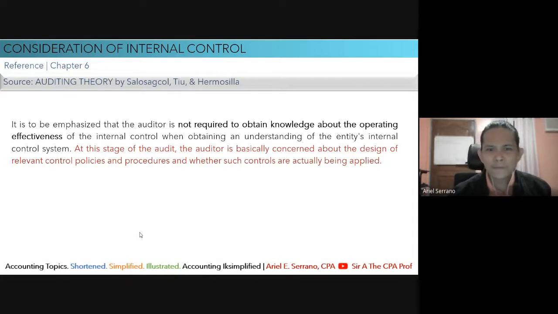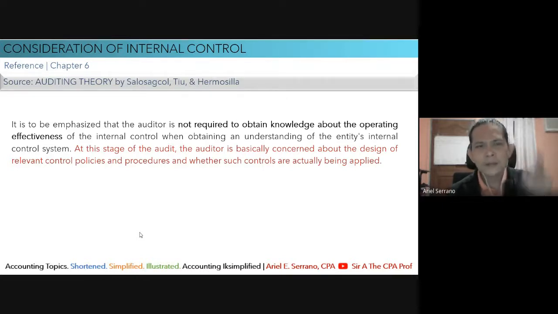At this stage, yung objective ni auditor is to understand the design of the controls and whether it is being implemented. Yun pa lamang po at this point of our understanding the internal control, ang objective pa lang natin dito is to evaluate the design and to determine whether it is implemented. And it is not a requirement that we should already obtain knowledge whether or not the controls are operating effectively. Okay? Magkakaiba po yan ha.